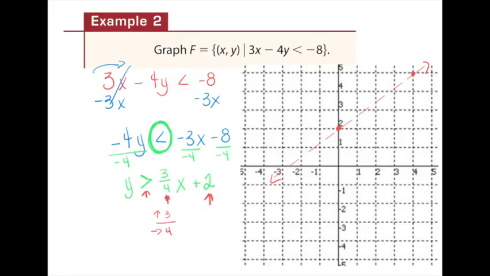Now, when you have it in slope-intercept form, all you have to do is look at this sign to decide where to shade. If it is greater than, shade above the line. If it is less than, shade below it. By above, the best thing to do is look at your y-intercept. Shade the part where your y goes up, because sometimes the lines are really steep and people confuse right of the line, left of the line.